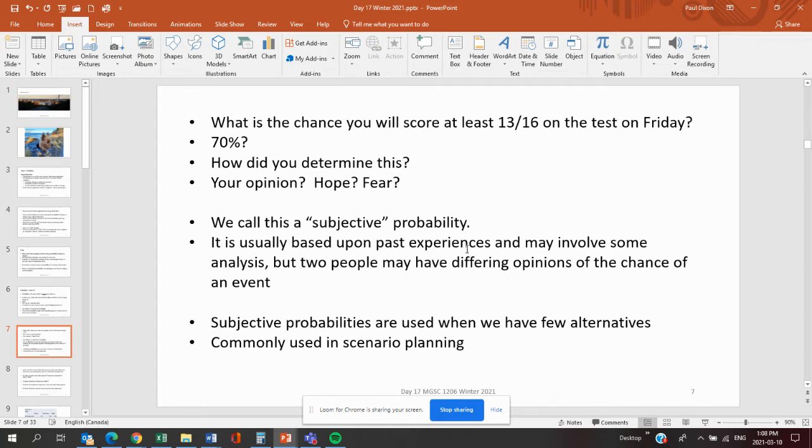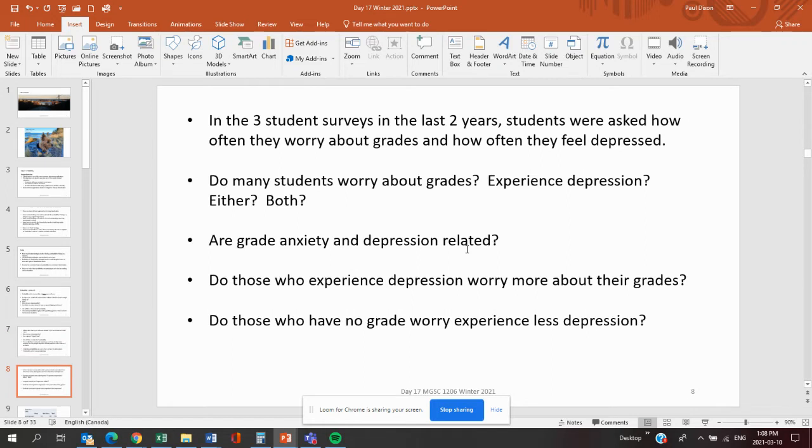The probabilities may help you guide how much effort into what preparations you'll make for each of these different scenarios, knowing that probably only one of them is actually going to occur. But that's sort of how they're used, not what we're getting into in the course. We're going to focus on a different probability from those two. We're going to work with ones based upon data. And I'm going to look at an example based upon the survey.